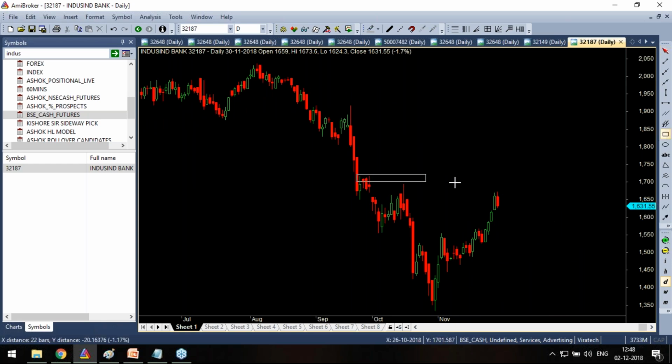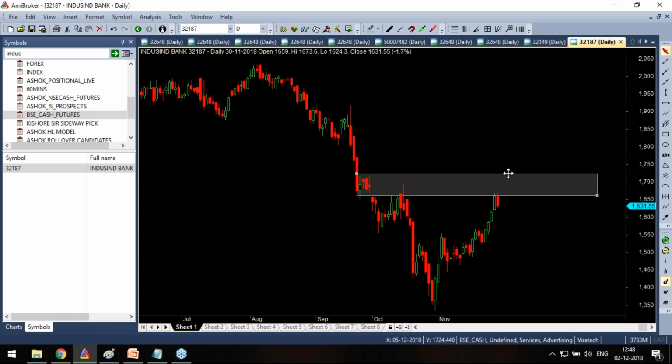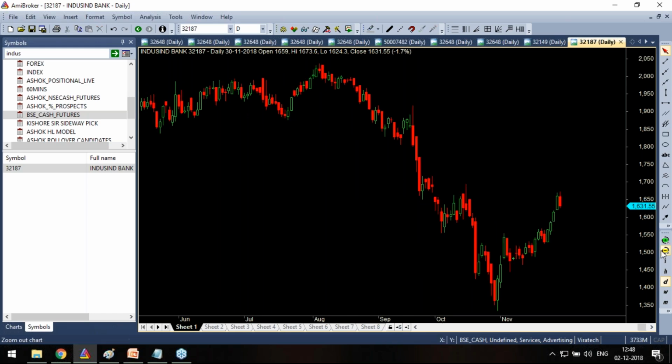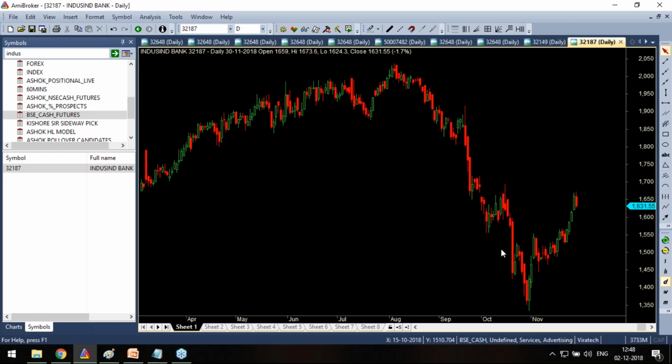I guess there can be a reaction at this point in this guy. So, you guys, we can look for short opportunities in IndusInd Bank right now, given the kind of price action.